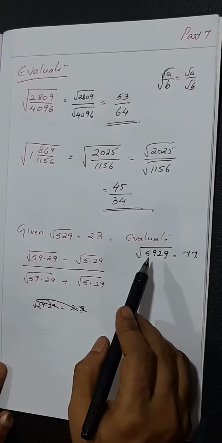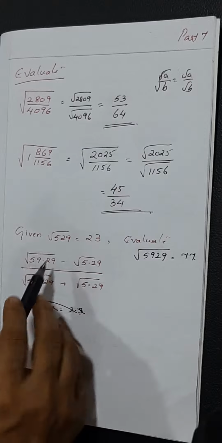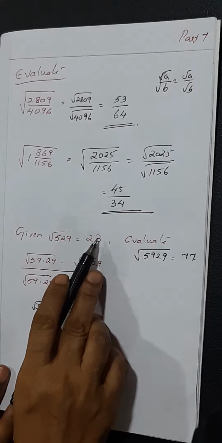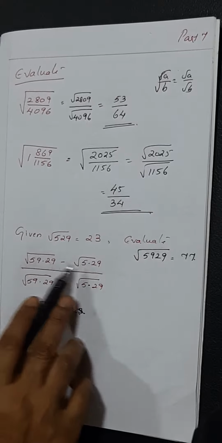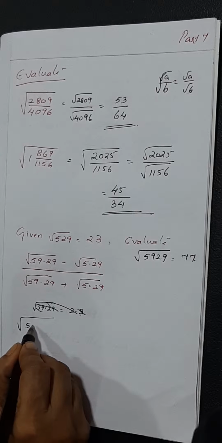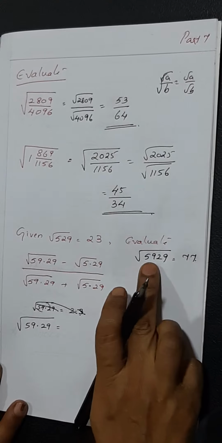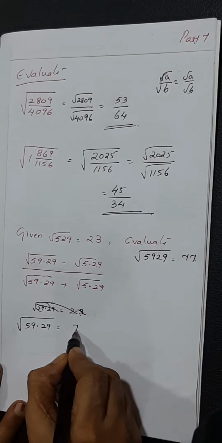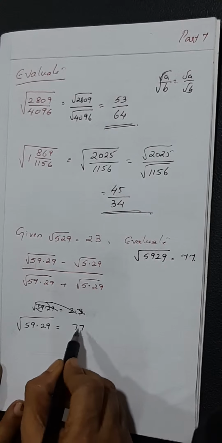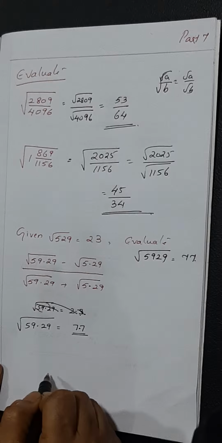Here it's given that the square root of 5929 is 77 and the root of 529 is 23. Now we have to find this value. So the root of 59.29 will be, since 5929 gives 77 and you have 2 decimals, so 1 decimal: 7.7.